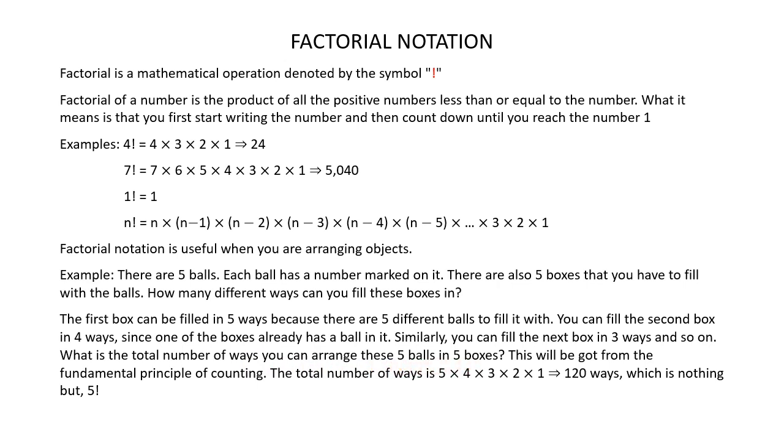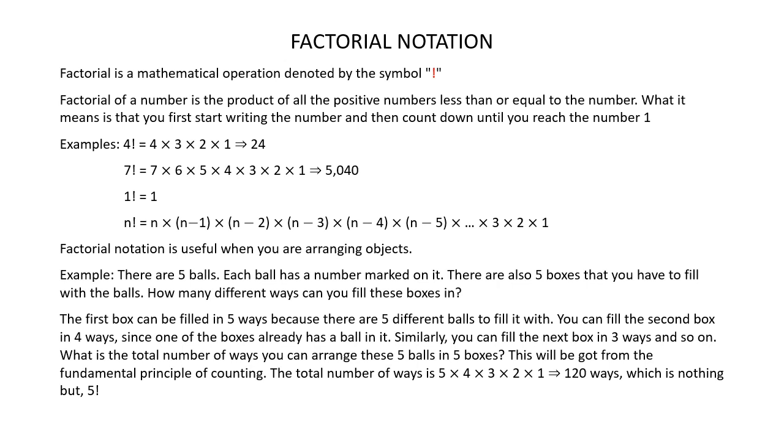This will be got from the fundamental principle of counting, that is the product rule. The first box can be filled in 5 ways, and the second box can be filled in 4 ways, and the third box can be filled in 3 ways, and the fourth box can be filled in 2 ways, and the fifth box can be filled in 1 way. So the total number of ways is 5 multiplied by 4 multiplied by 3 multiplied by 2 multiplied by 1, which is 120 ways.